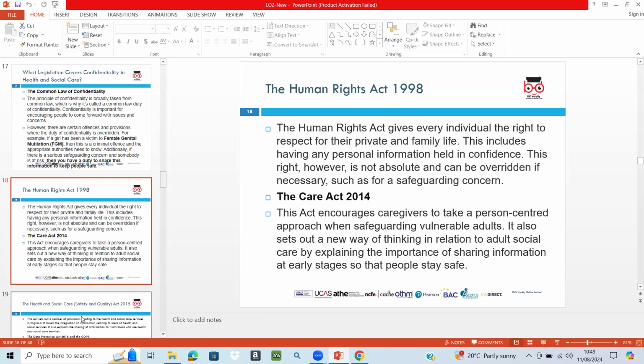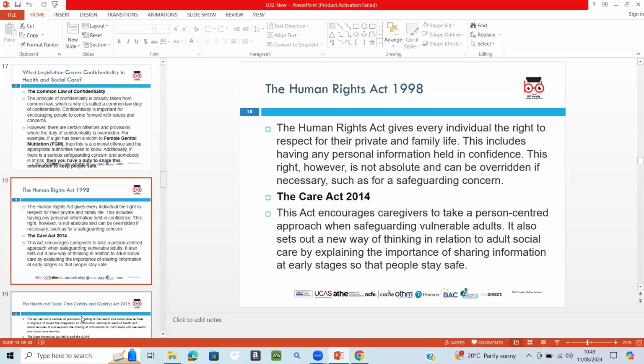And the Human Rights Act 1998 has many important sections. We have Section 8, and also there are subsections involved in the Human Rights Act 1998.